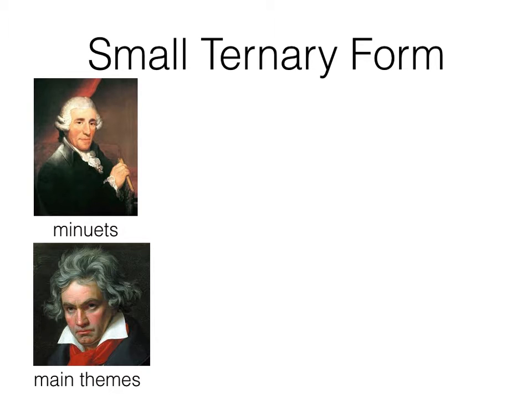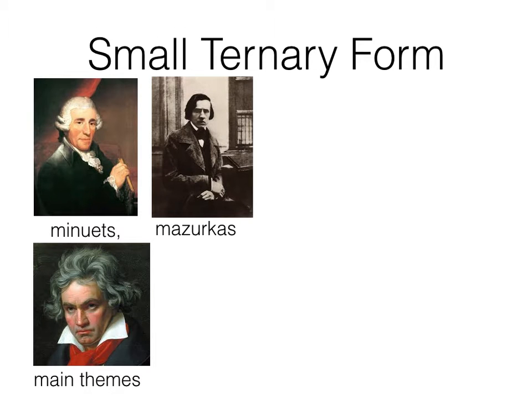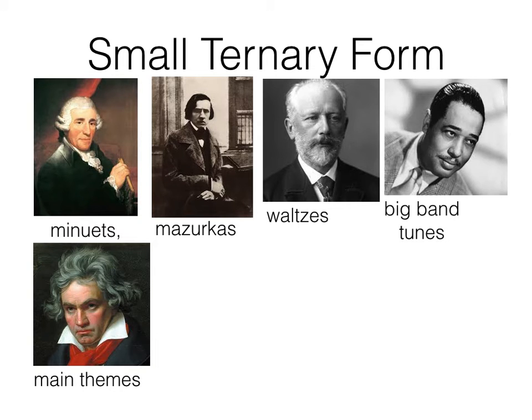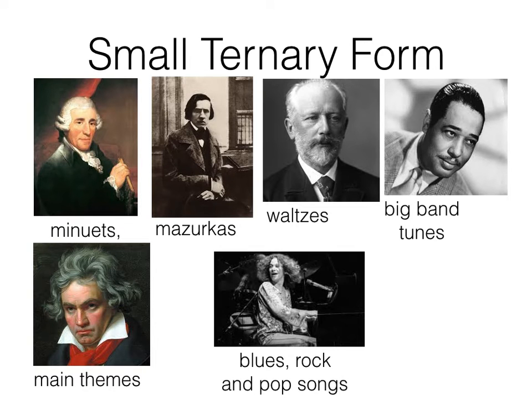You hear small ternary forms in dance movements, such as mazurkas by Chopin or waltzes by Tchaikovsky. And small ternary forms even appear in slightly modified fashion in the 20th century, such as in big band tunes by Duke Ellington, or blues, rock, and pop songs, such as songs by Carole King, or many others.